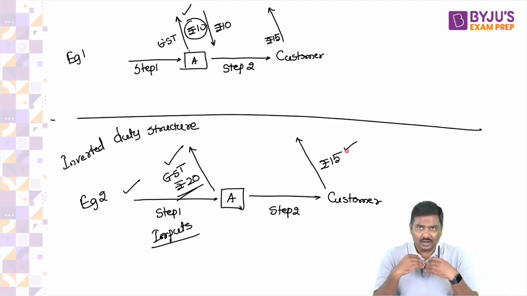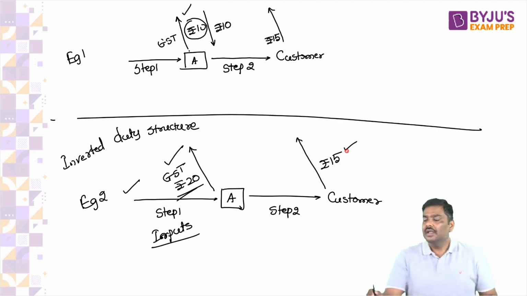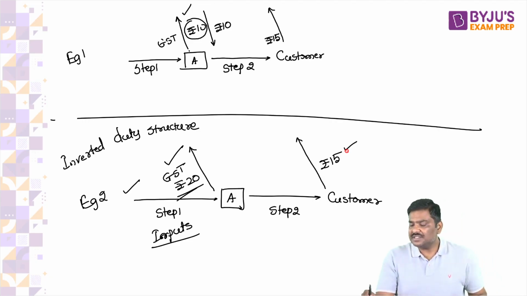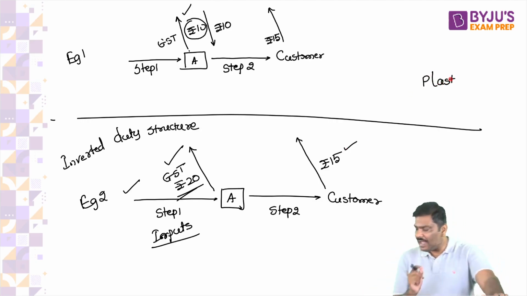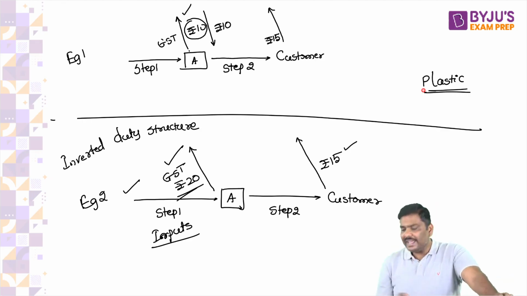Now, what is the issue? Why does it happen? Let me explain. Imagine you purchase plastic. Can I say plastic can be used in manufacturing of a car?